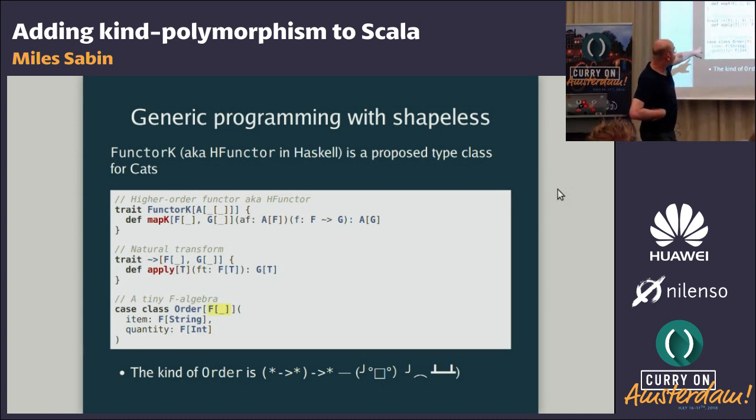It has an item in that f, and it has a quantity in that f. We want to be able to apply a natural transformation to this kind of thing. And the idea here, for example, might be to represent optionality in a type. So, for example, we might want to index order by option, and this could represent a partial value of an order type.